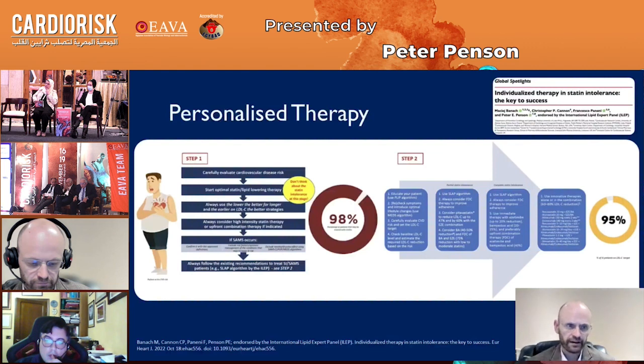And so bringing that all together, we've recently made some recommendations for personalized therapy. We think that really person-centered therapy is the key to success.